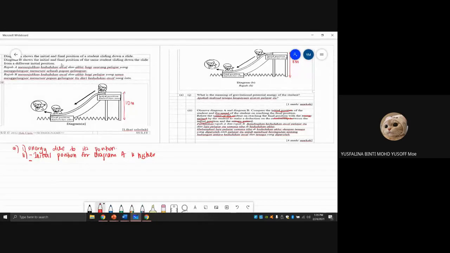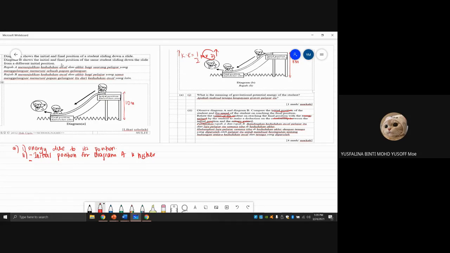You still remember the formula for kinetic energy, half mv square. So a higher kinetic energy means the velocity will also be higher. This is based on the principle of conservation of energy.